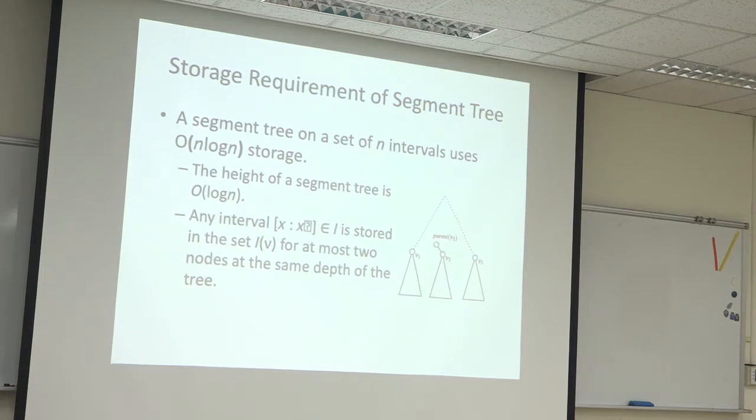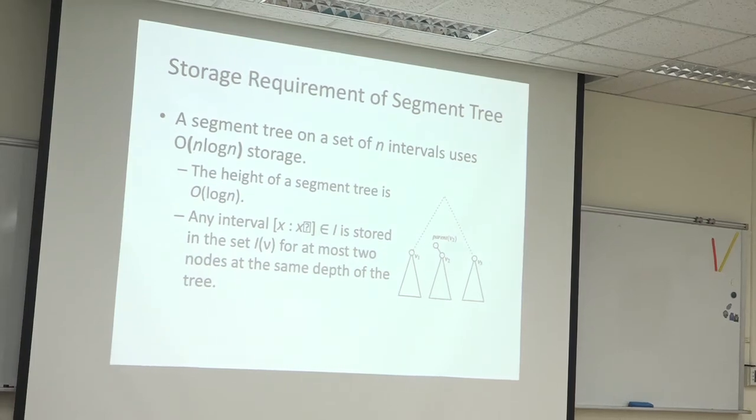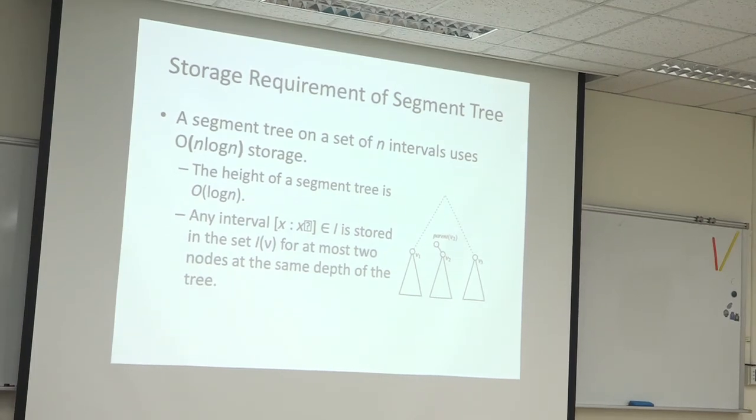Why? First we know that the height of a segment tree is log n, right? Because remember, if you have n intervals, how many endpoints are you going to have? At most 2n. If you do not consider that some endpoints may be shared, in the worst case you end up with 2n different endpoints.